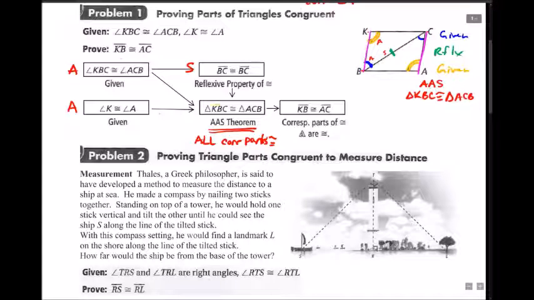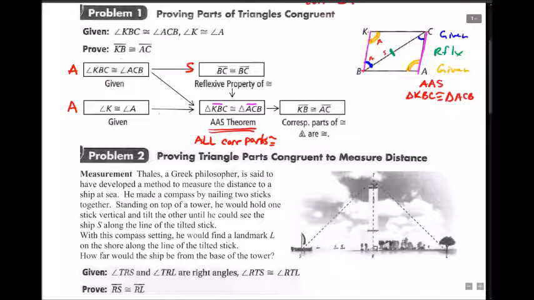Here is segment KB. That wasn't the color I was after. There we go. There is segment KB, and where is segment AC? It's in the same position, right? Position 1 to position 2.